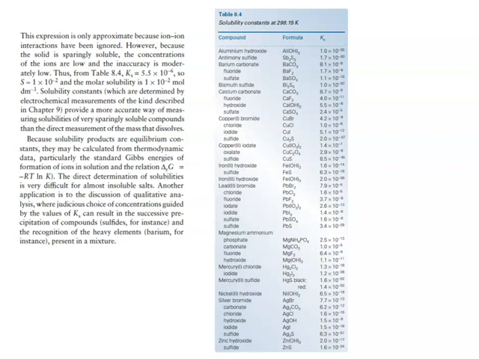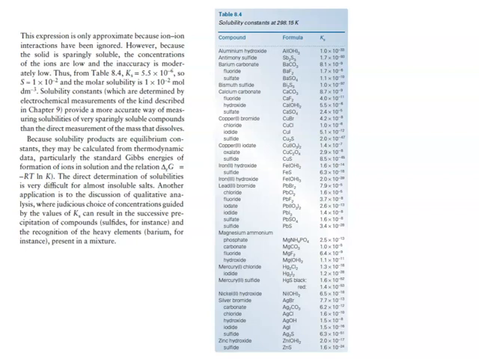Because solubility products are equilibrium constants, they may be calculated from thermodynamic data, particularly the standard Gibbs energy of formation of ions in solution and the relation delta G equals negative RT ln K. The direct determination of solubilities is very difficult for almost insoluble salts.